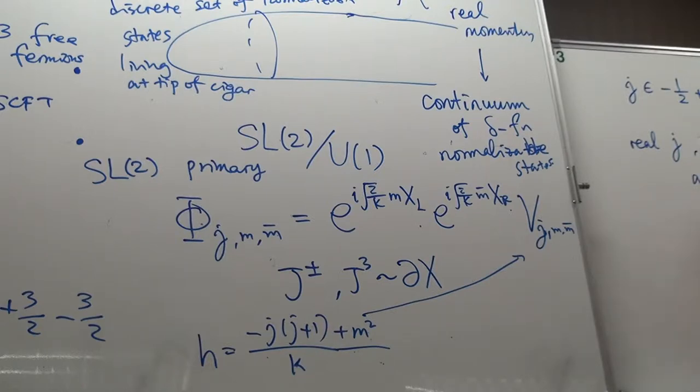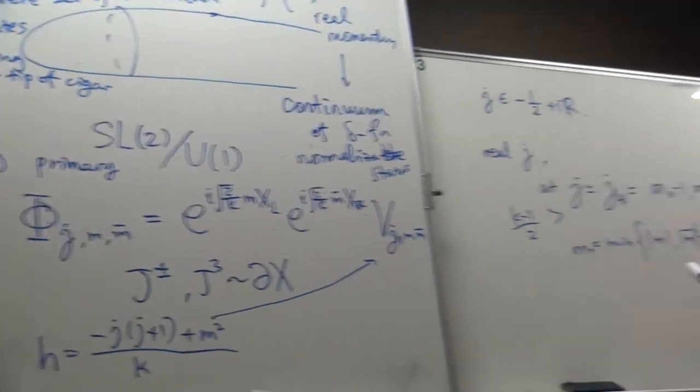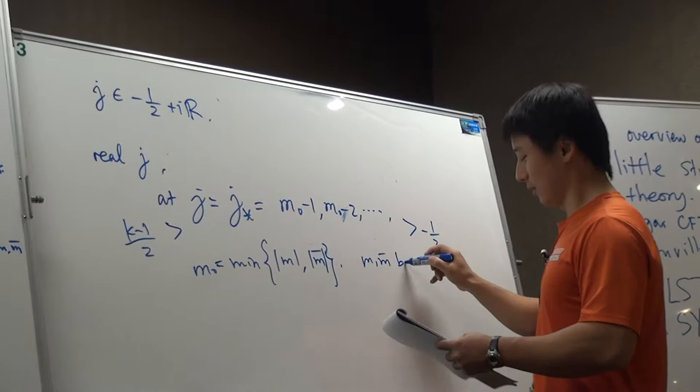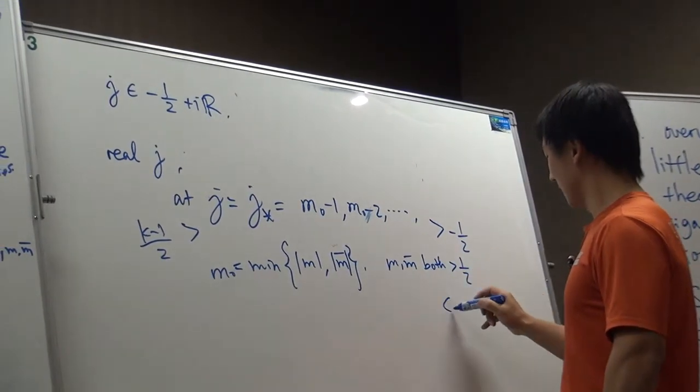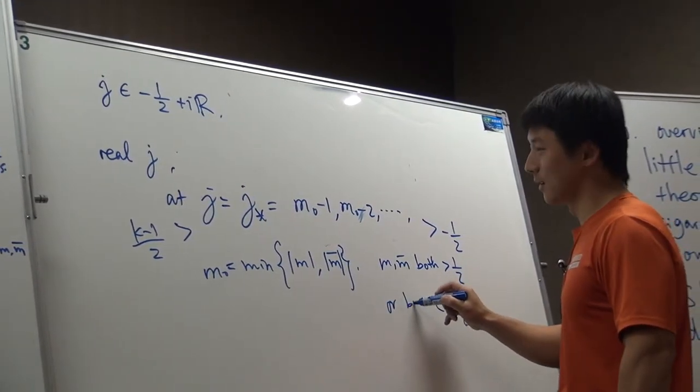So J equals some special discrete value, which is of the form m0 minus 1, m0 minus 2, with the constraint to be bigger than minus 1/2 and also less than (k minus 1)/2, where m0 is the minimum value between m and m bar when m and m bar are both bigger than 1/2 or both less than minus 1/2.